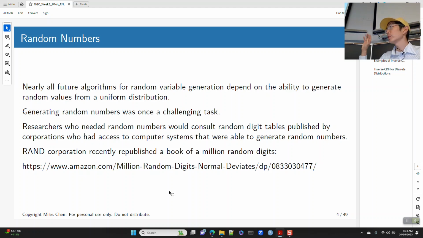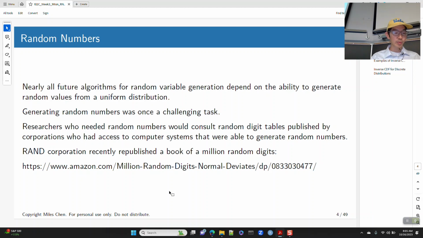All of the things that we're going to look at today start off with the basic premise that we can generate random uniform numbers in the first place. I wrote that nearly all future algorithms for random variable generation depend on the ability to generate random values from a uniform distribution.